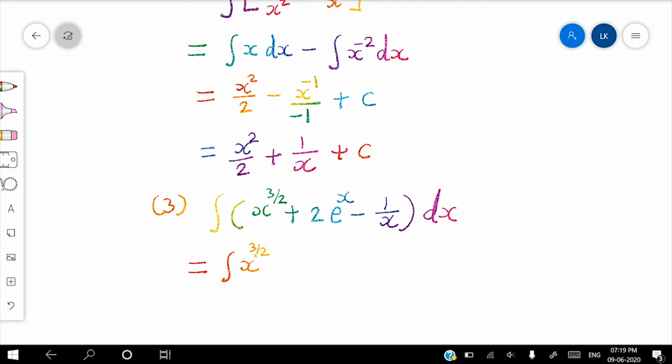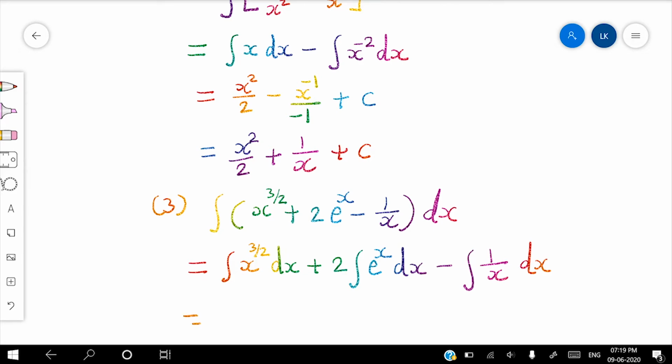Separately, take the integral of each function. That means integral of the first function into dx, plus 2 is a constant, you can take it outside. Again here there is dx, minus integral of the third function into dx, equal to, what is the answer? Tell me fast. 3 by 2 plus 1 is 5 by 2.